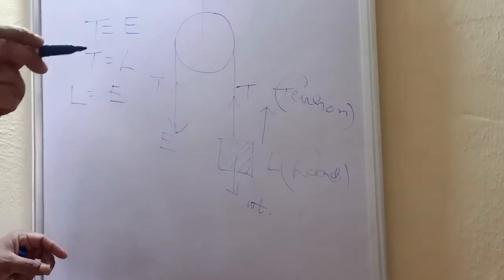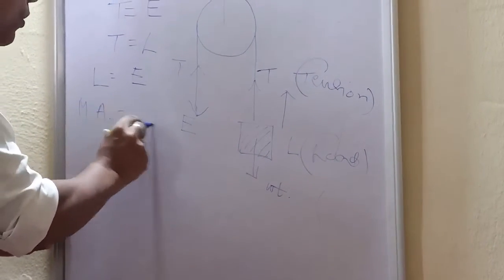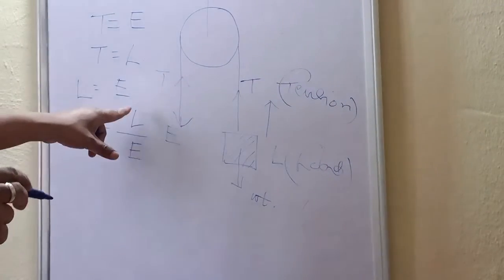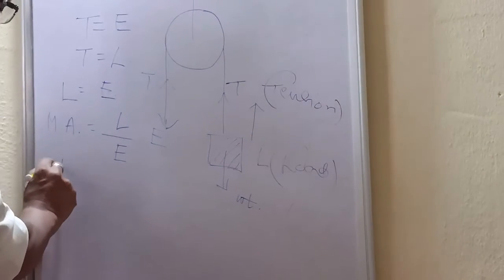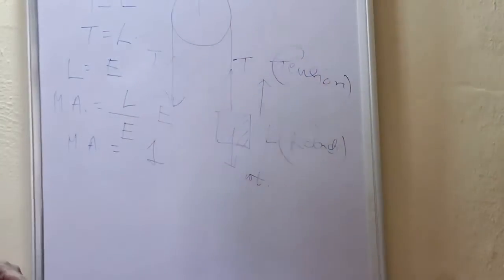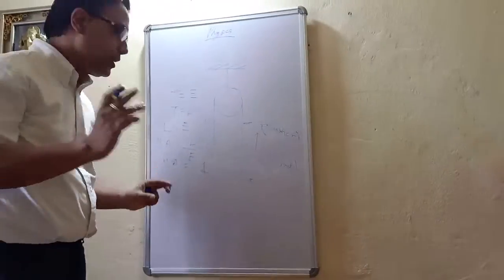From the definition, mechanical advantage MA is equal to load upon effort. Since load and effort are equal, MA, that is mechanical advantage, is equal to 1.